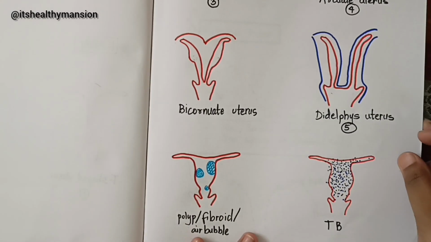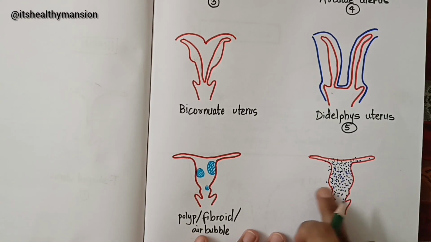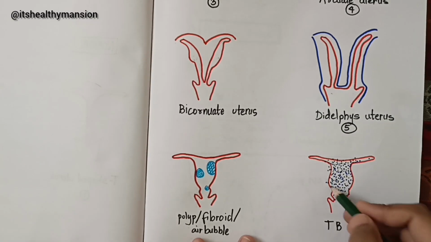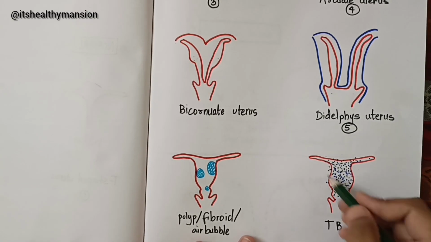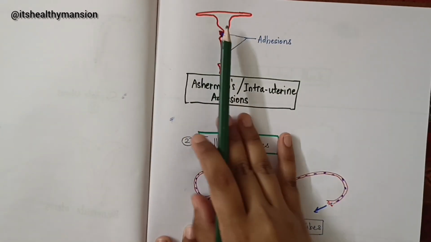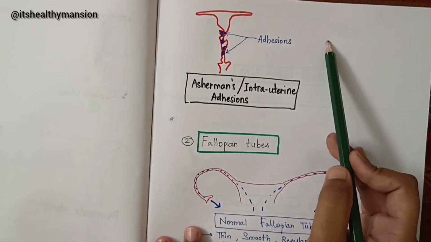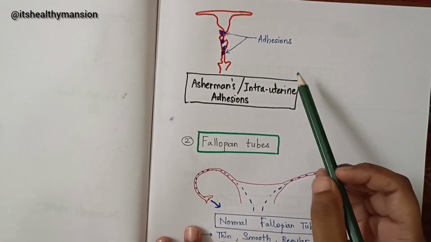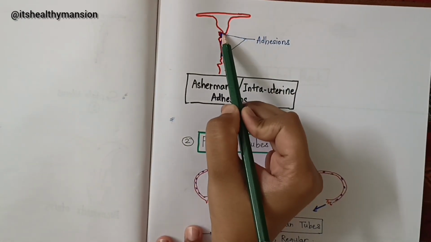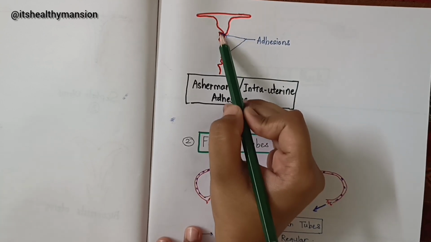And the next uterine abnormality is TB, where you might see irregularity in the uterus shape or a beaded appearance over the HSG. And the last uterine abnormality you might see is adhesions, also called Asherman syndrome or intrauterine adhesions or synechiae. It connects one uterine border to another uterine border, the endometrial lining.